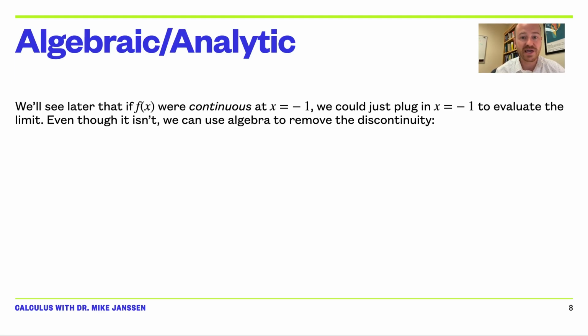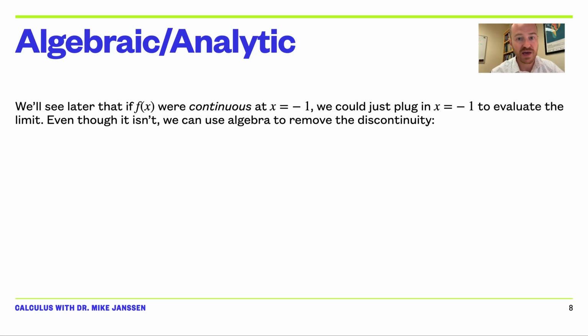And we'll see in a later video that if f of x were continuous when x was -1, we'd be able to just plug in -1 and we get the value of the limit. But when we have discontinuities, the limit value and the function value don't have to agree.